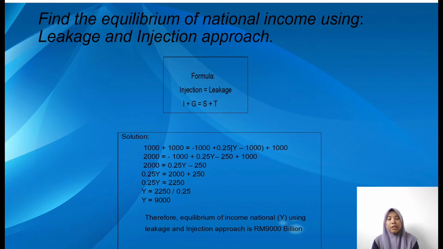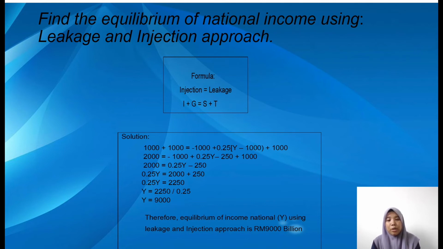The solution to this question is 1000 plus 1000 equal negative 1000 plus 0.25Y minus 1000 plus 1000. 2000 equal negative 1000 plus 0.25Y minus 250. 2000 equals 0.25Y minus 250. 0.25Y equal 2000 plus 250. 0.25Y equal 2250.